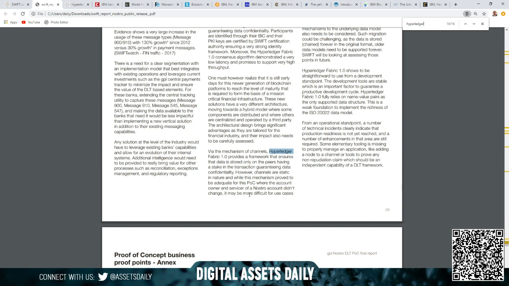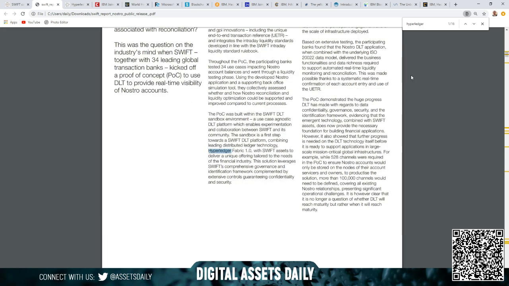For the POC, the servicer of the Nostro account didn't change, etc. Hyperledger Fabric shows to be straightforward from a development standpoint, and the tools are stable, which is an important factor to guarantee productive development. And the Hyperledger Fabric fully relies on name-value pairs as the only supported data structure. This is a weak foundation to implement the richness of the ISO 20022 data model, again connected to Stellar.